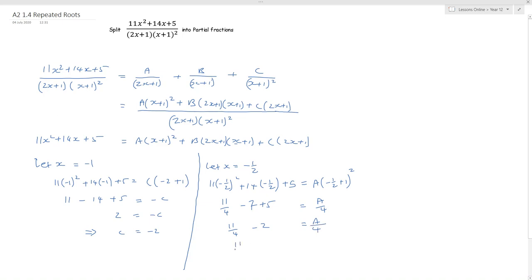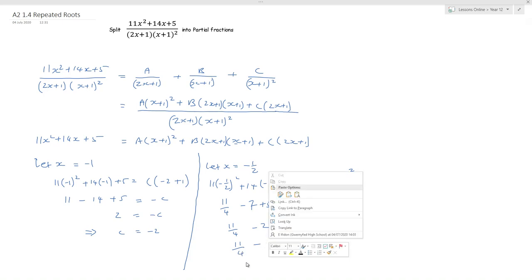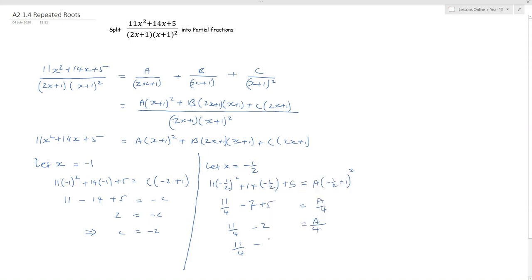Just make them have both the same common denominator: minus 2 is minus 8 over 4. So 3 over 4 equals A over 4. And get rid of the denominator, so A is equal to 3.